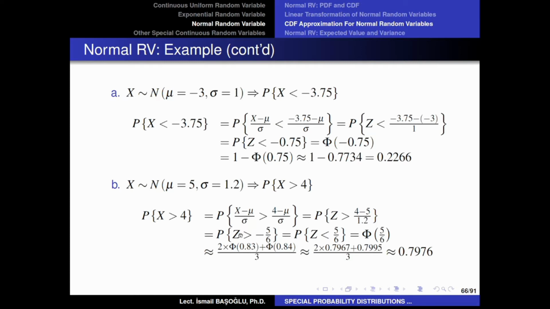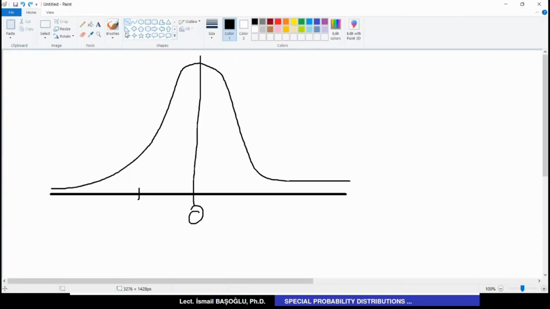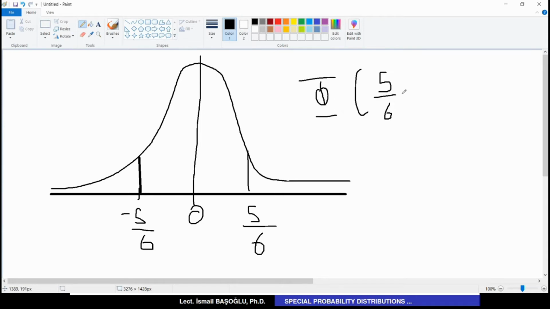So the probability of Z being greater than -5/6 is the probability of Z being less than 5/6, right? Again, due to the symmetry. We have -5/6 here, and it asks the probability of Z being larger than -5/6, which is the total area on the right-hand side. And due to the symmetry, this total area on the right-hand side is exactly equal to the total area on the left-hand side of 5/6. So the result that we are looking for is phi at 5/6.